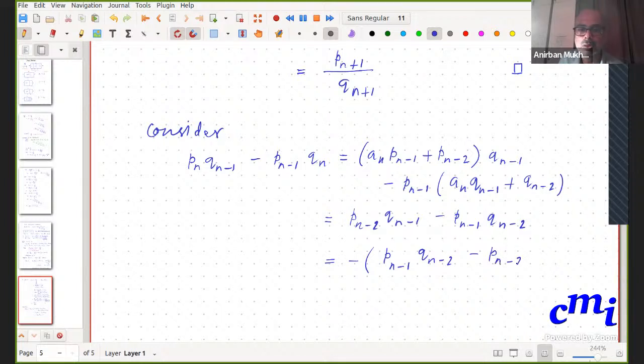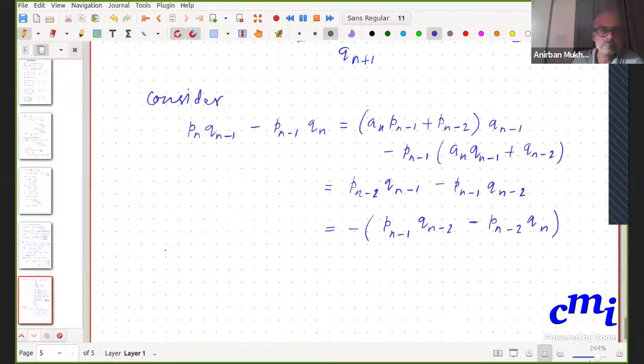That's the same thing as what we started with, only that n has been replaced by n minus 1. So if we keep doing this, what we would get is the following.